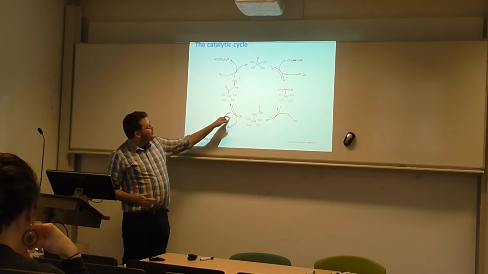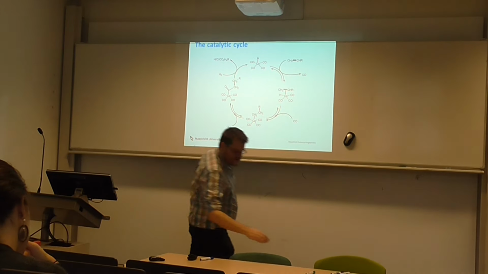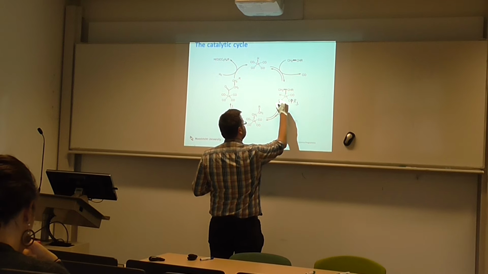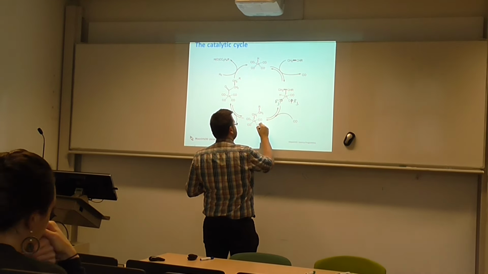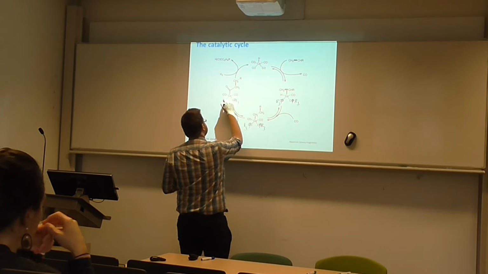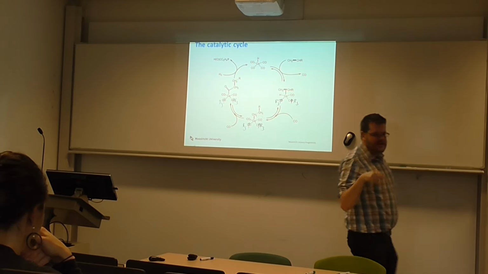Now, if I replace one of these COs, or even two of them, with a big R group, with a big phosphine containing very big R groups, so it has a big cone angle, what's that going to do?